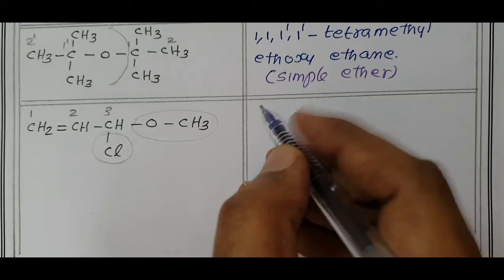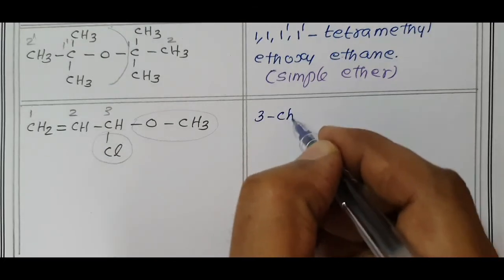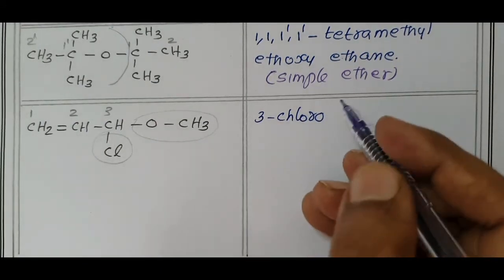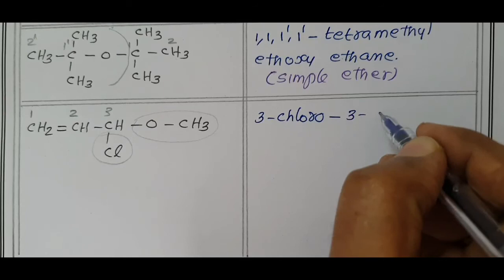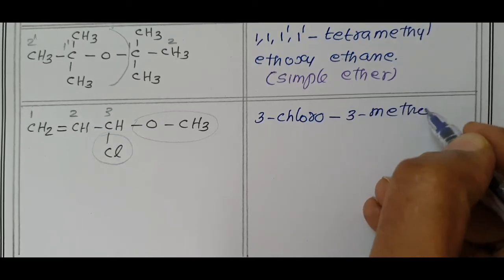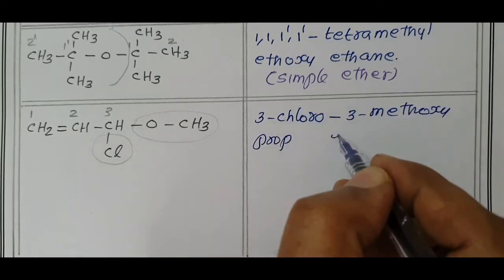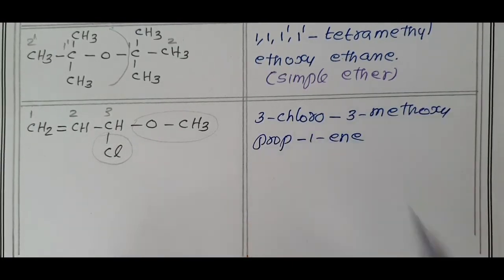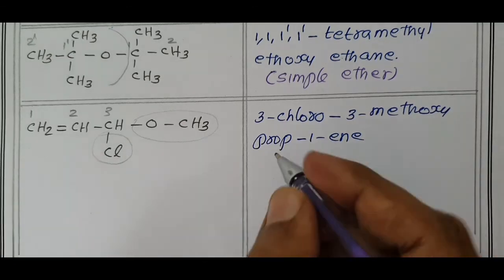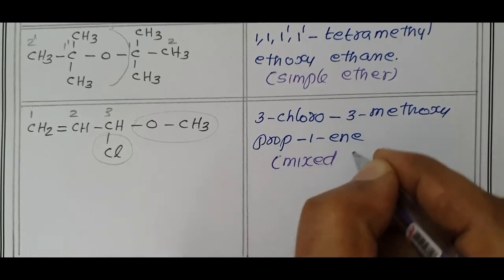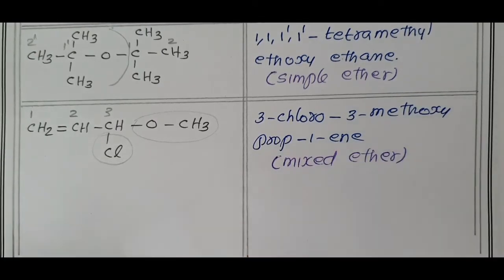So position of chlorine is 3. 3-chloro, 3-methoxy. Here 3 carbon, prop, carbon double bond, position of double bond 1. Oxygen is attached to one methyl and one allyl. Different alkyl groups are attached, therefore it is an example of mixed ether, unsymmetrical ether.